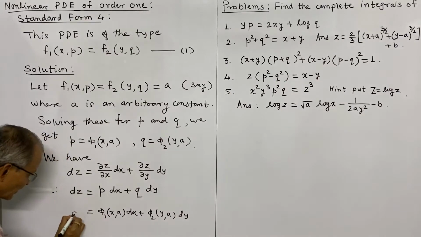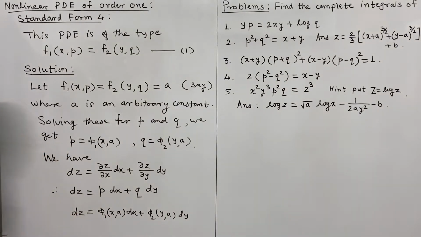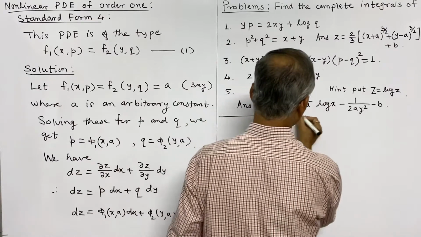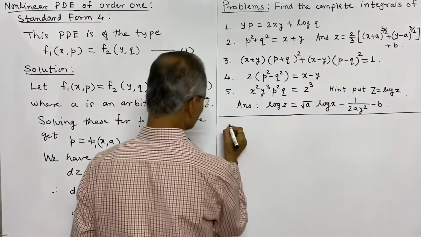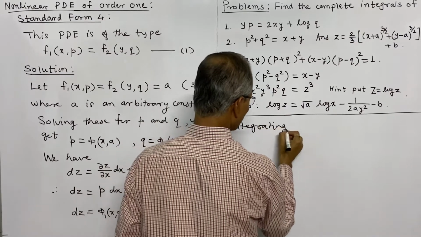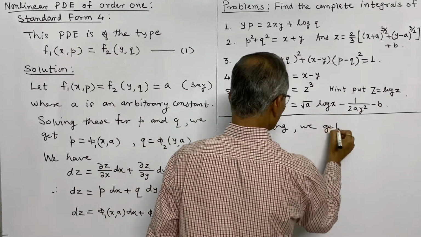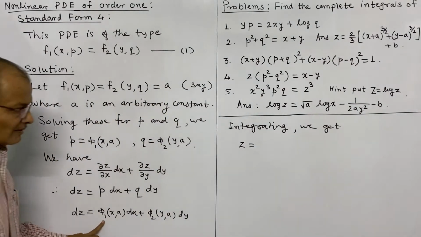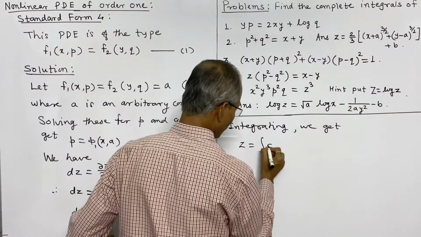So thus we have obtained a differential equation, which is a total differential equation, and this can be integrated. So integrating that, we will get a solution. Integrating, we get the integral of dz, z, and we write the integral symbol for this.